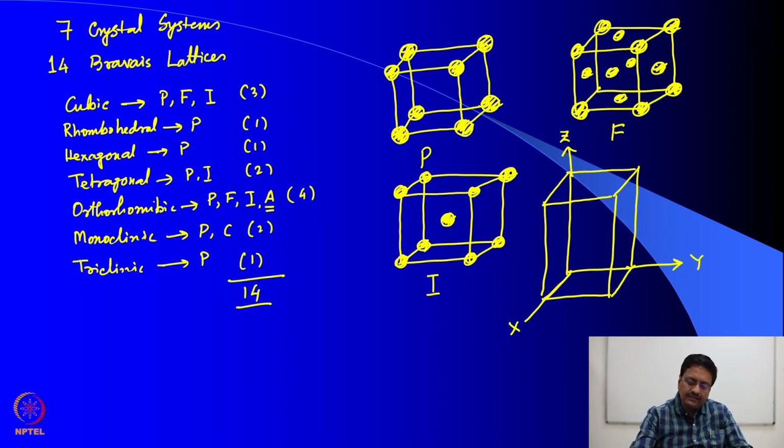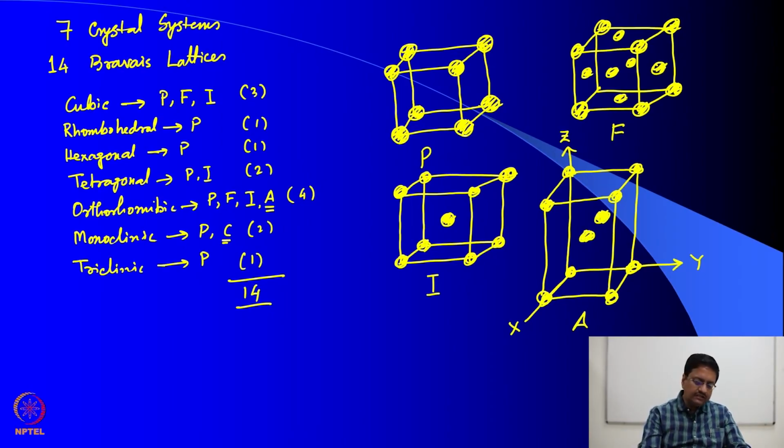So an A-centered lattice means you will have atoms at 8 corners and atoms at the center of the faces which are perpendicular to a. So this is the A-centered lattice. Similarly in monoclinic C, the C center is occupied and that is a C lattice.